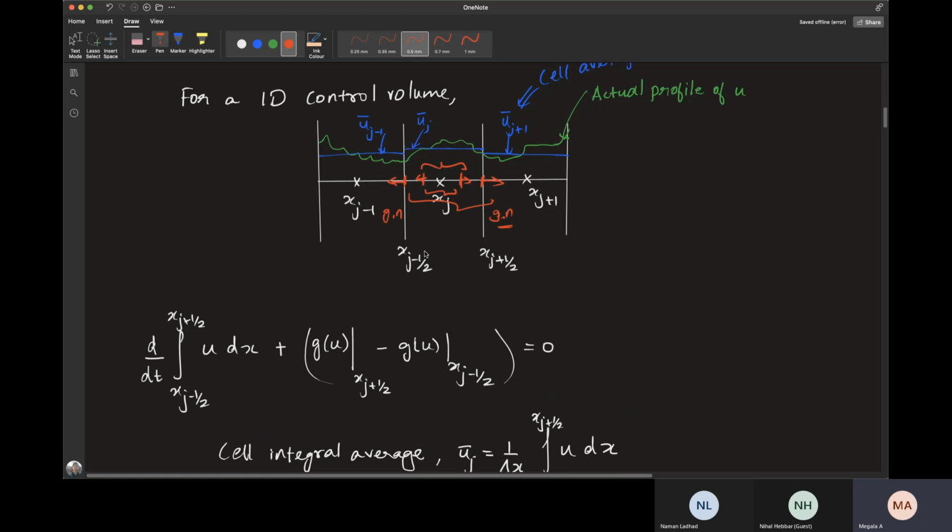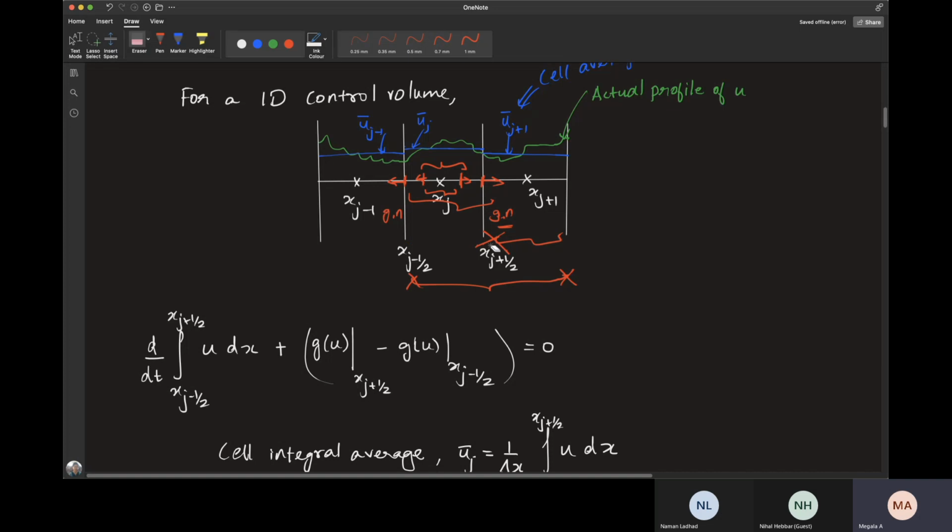We have already ensured that in this whole region it's happening. That way we can say that in this big region we'll have conservation, because we have some cancelling of fluxes here, and any rate of change of quantity inside this will be equal to the fluxes from this point.